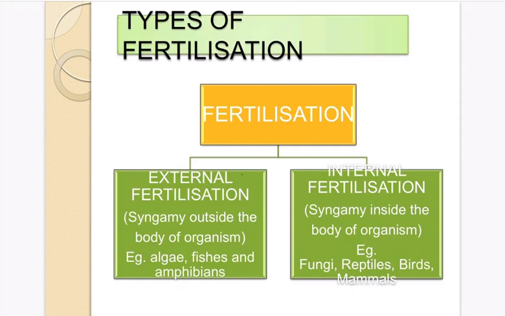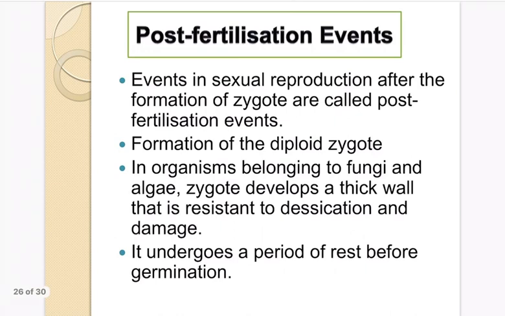So we go further, types of fertilization. We said already, external fertilization and internal fertilization. External: syngamy outside the body of the organism. Example, algae, fishes and amphibians. Internal fertilization: syngamy takes place inside the body of an organism, normally females, fungi, reptiles, birds and mammals.